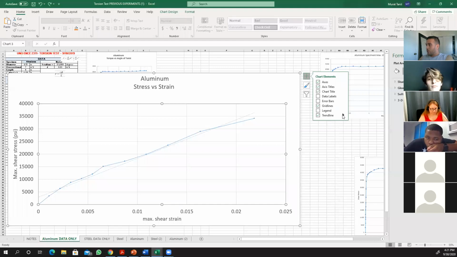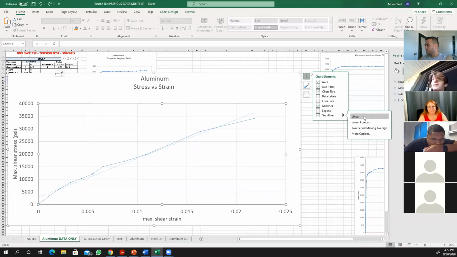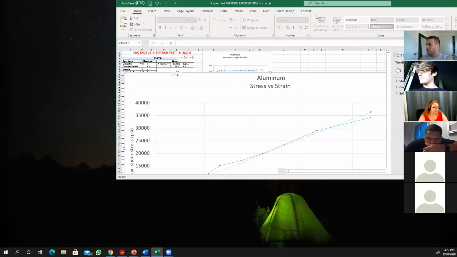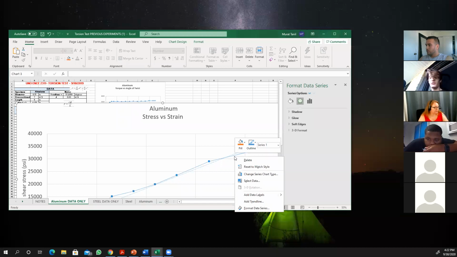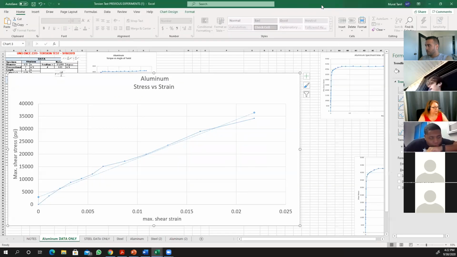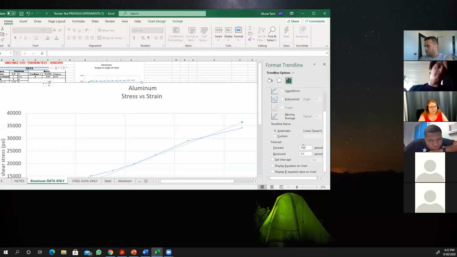You can go to trend line, more options. Display an equation on the chart.